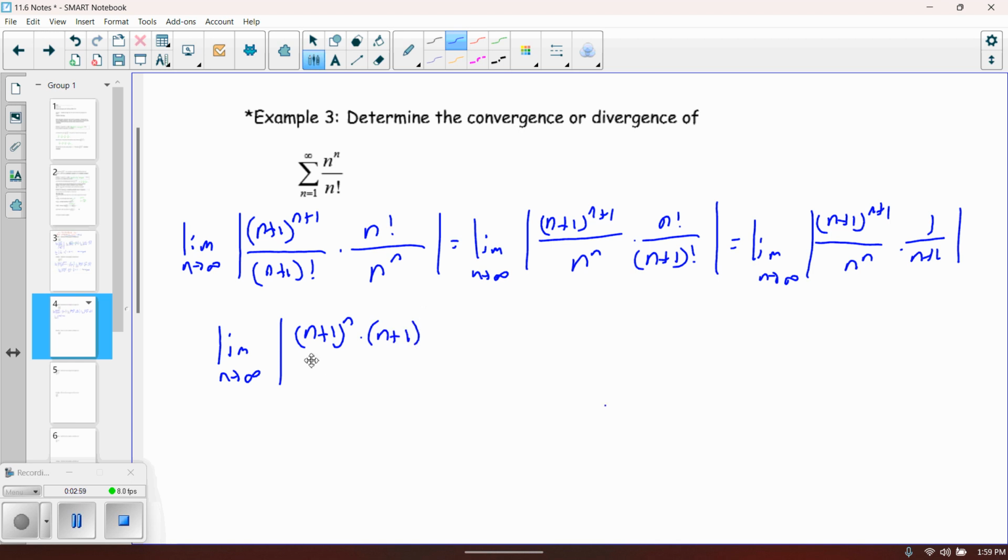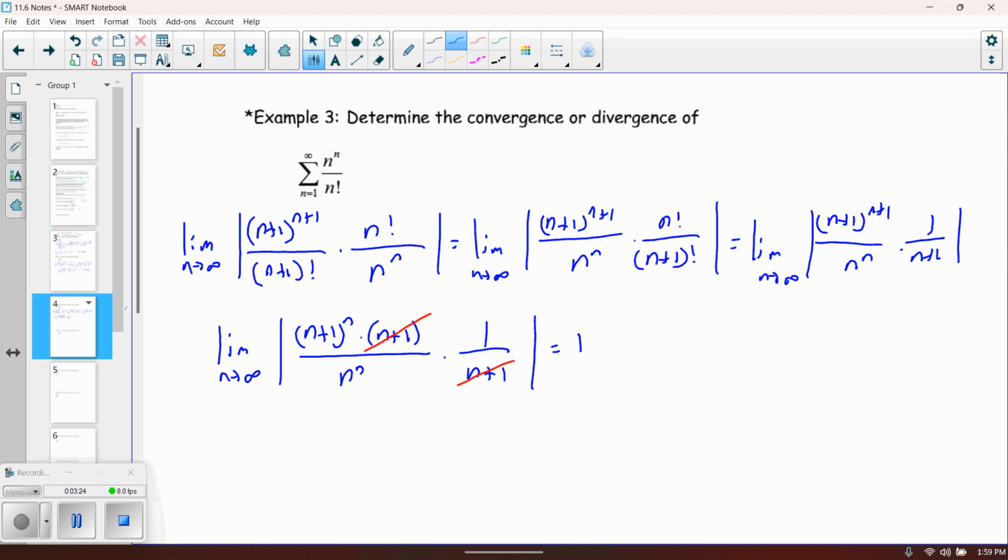I'm not going to write the first power, but that's what it is. So your n plus 1s would be your base, and then you would add the exponents if you recombine them. And then you still have over n to the n. And this is where the simplification of the factorial piece helps, because now I've got a 1 over n plus 1. Hopefully you can see now that the n plus 1s are going to divide out. Those are going to go away, which is nice.